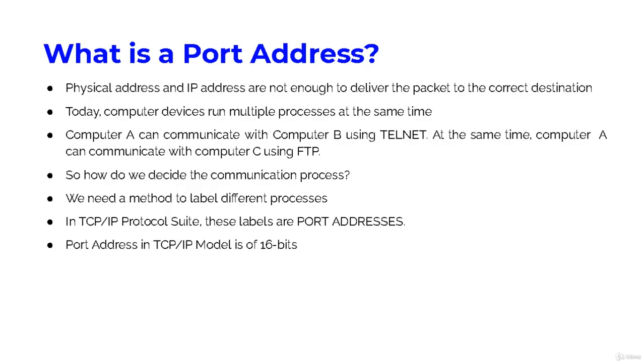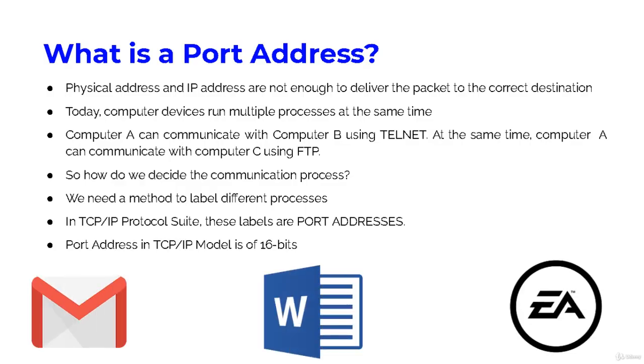But how? Today, computers are devices that can run multiple processes at the same time. You might be using Gmail, simultaneously you might be using Microsoft Word, Office, or even playing a game. That is why the end objective of the internet communication is a process communicating with another process.